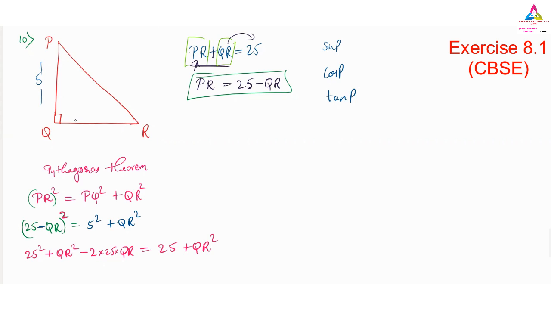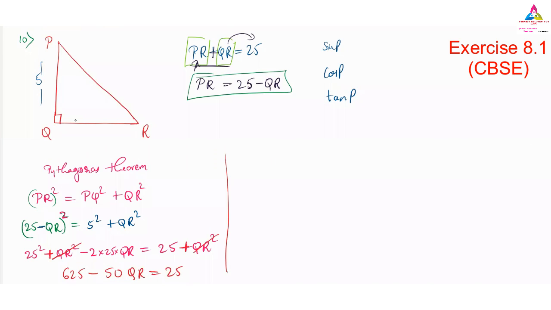Obviously the QR square on the left hand side and QR square on the right hand side both have the positive sign on either side of the equal to sign, so it gets cancelled. The remaining will be 25 square, which is 625, minus 50 QR, that is equal to 25.